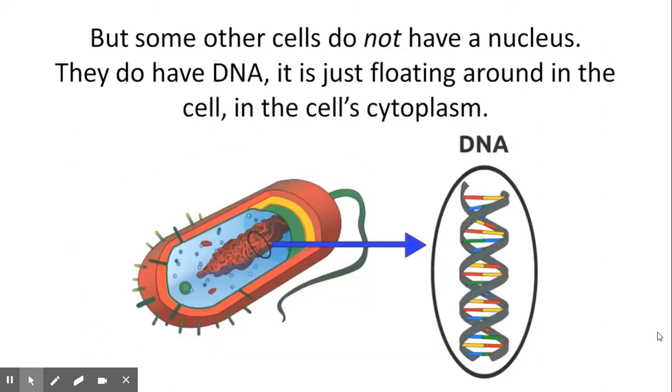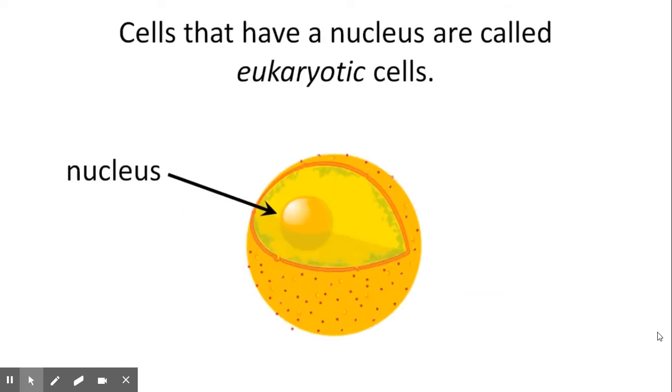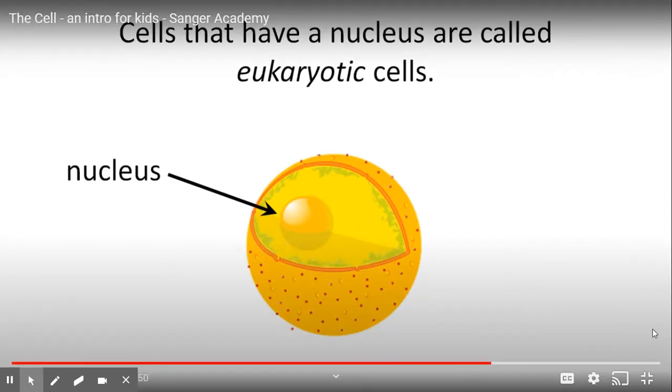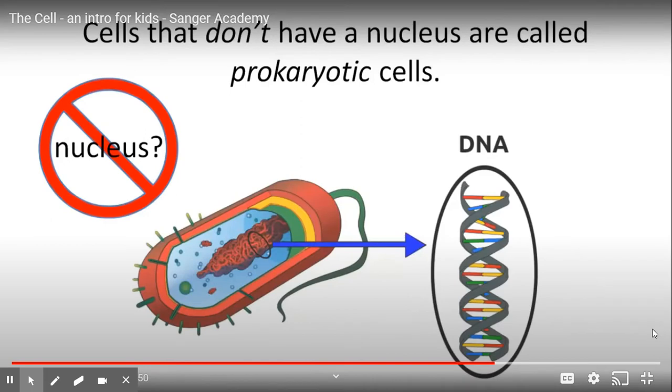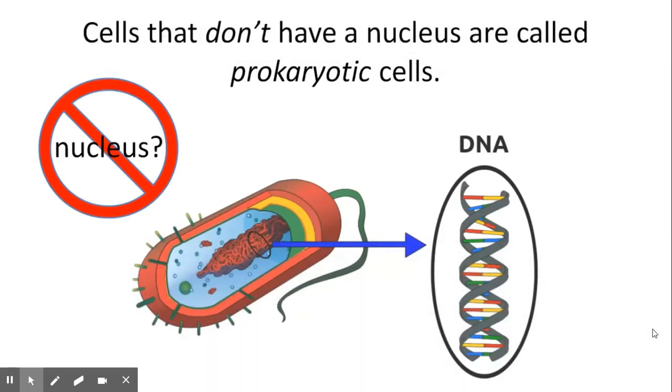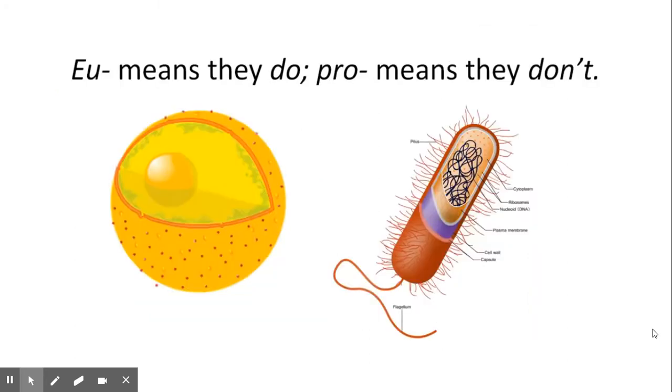But some other cells do not have a nucleus. They do have DNA. It's just floating around in the cell's cytoplasm. Cells that have a nucleus are called eukaryotic cells. Cells that don't have a nucleus are called prokaryotic cells. Eu means they do.